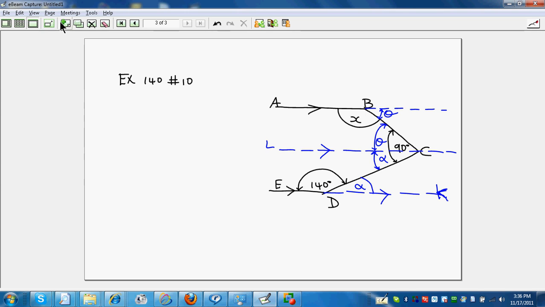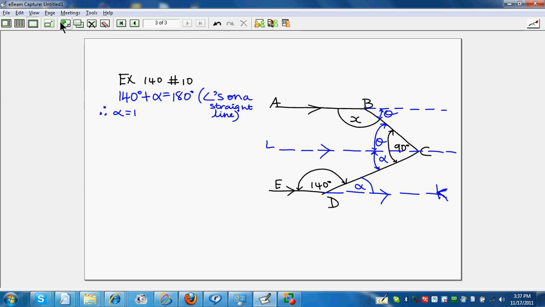Let us say that 140 plus alpha will be equal to 180 degrees, because those are angles on a straight line. So we just write angles on a straight line. Therefore we can find what alpha is.